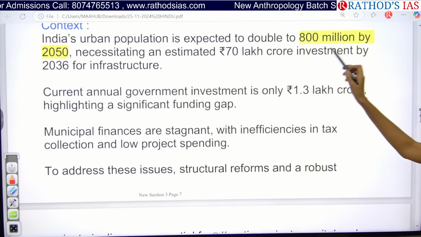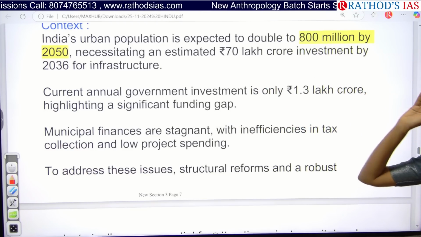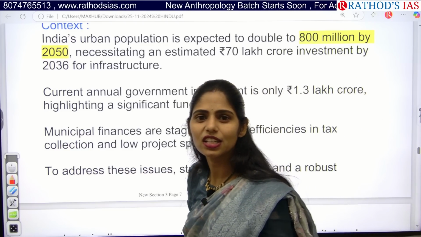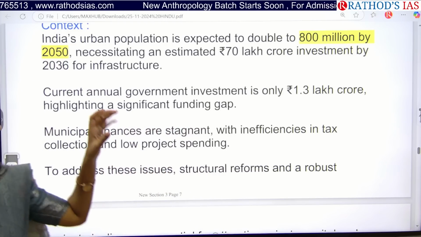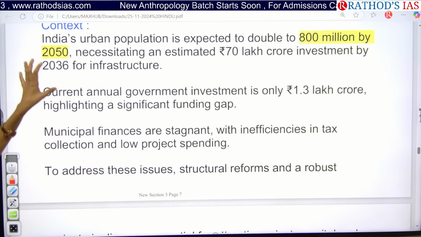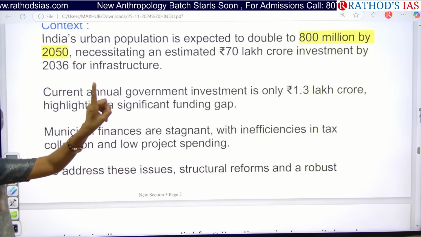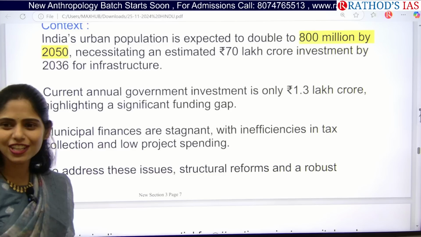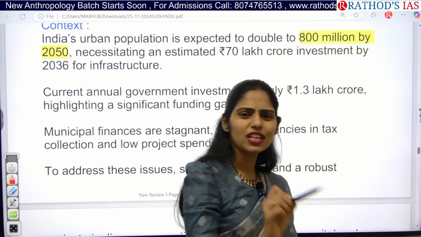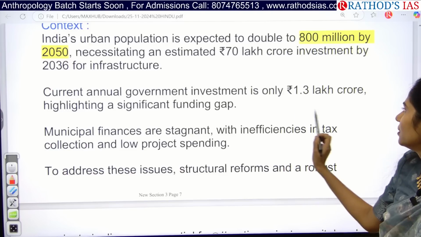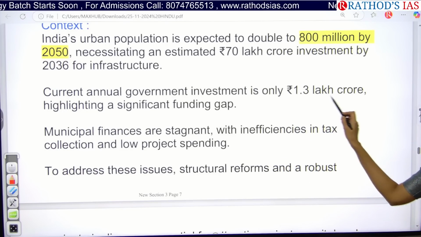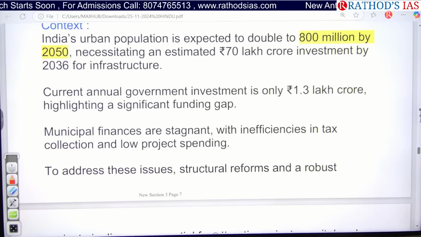If we want to give basic sanitation and essential services to these urban people, around 800 million, we have to spend around 70 lakh crore, especially on infrastructure. If you see what the expenditure now is in urban areas, it is just 1.3 lakh crore rupees. Now whatever the annual government investment is, it is just rupees 7.3 lakh crore.